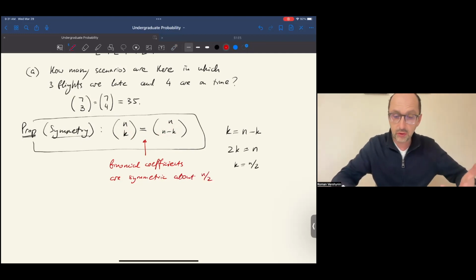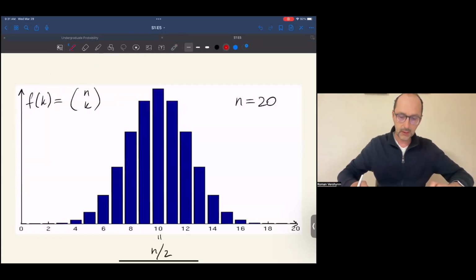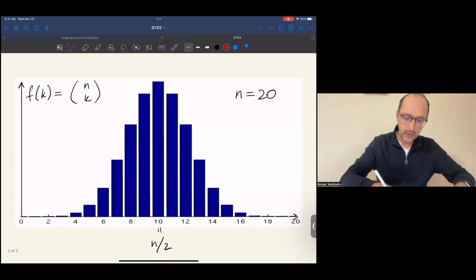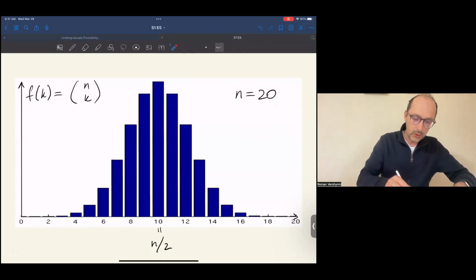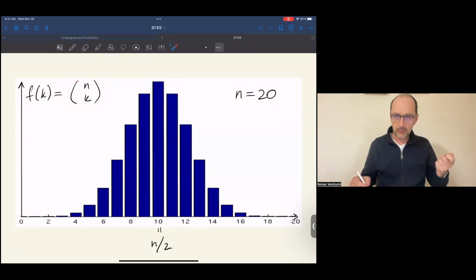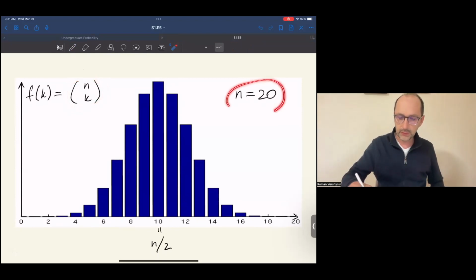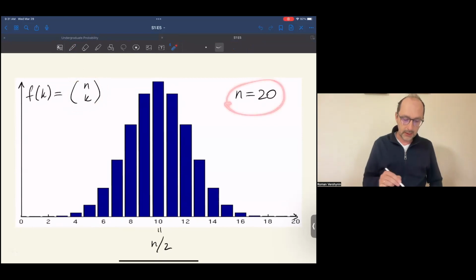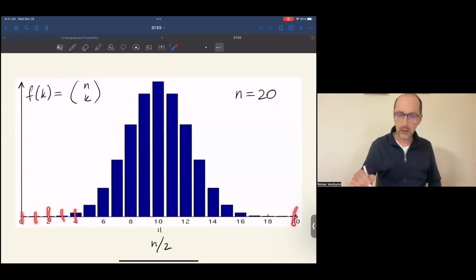Here is a picture, a bar graph of the binomial coefficients. I plotted all the binomial coefficients n choose k for a fixed value of n, which is 20, and varying values of k. K could be anywhere between 0, 1, 2, 3, 4, all up to 20.